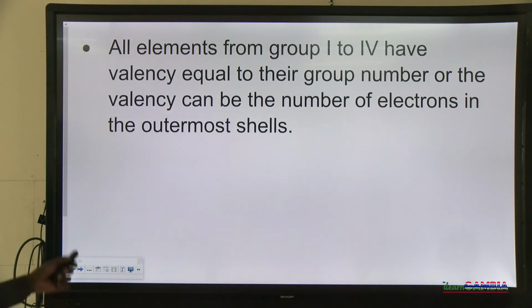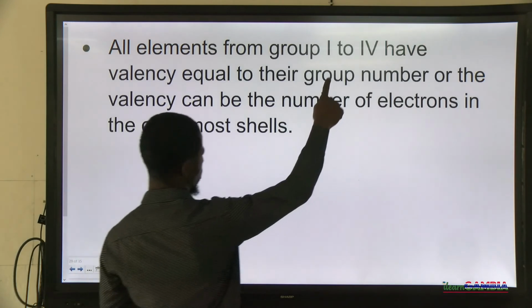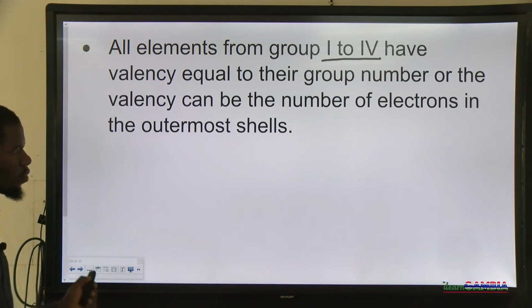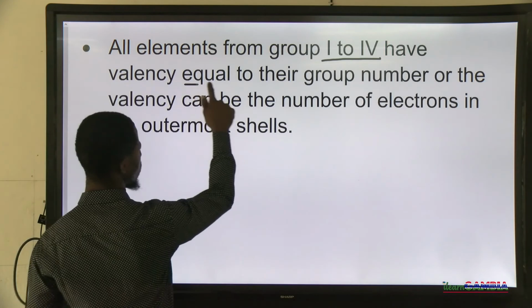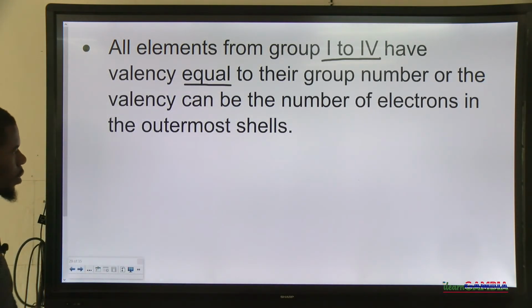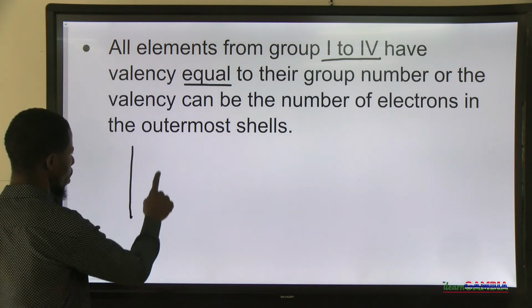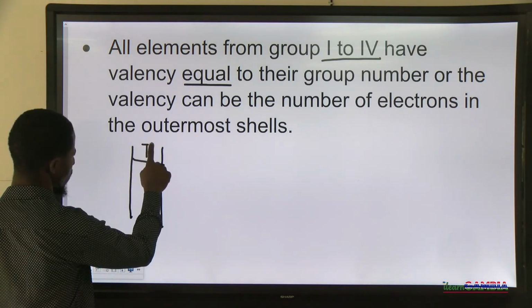That is, all elements from group 1 to 4. Let's take note of this. All the elements starting from group 1 to group 4 have a valency equal to their group numbers. For example, all the elements in group 1 have a valency of 1.